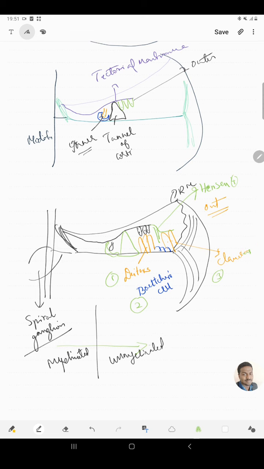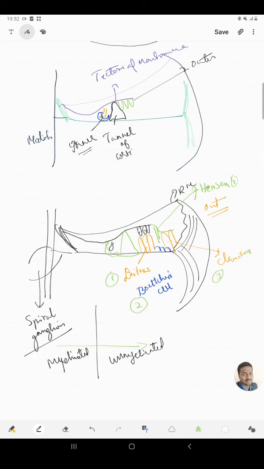When it reaches the tunnel, it becomes unmyelinated. It is very similar to the eye also. When the optic nerve is about to pierce the sclera, it is myelinated. But when it reaches the optic nerve head, it becomes unmyelinated. The same. Outer to inner, it is the same. Here it is myelinated. When it reaches inside the tunnel, it becomes unmyelinated.